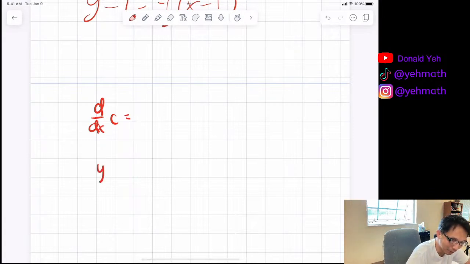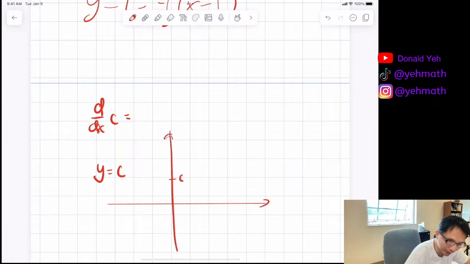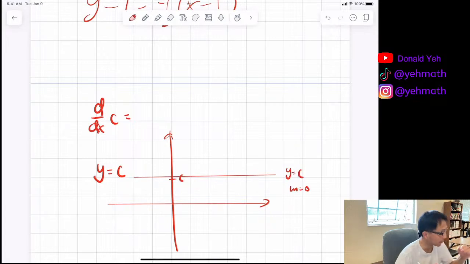So it's y equal to c, and this is going to be a value of c, and it's a horizontal line. The slope of y equal to c, the m, is equal to 0 because it's horizontal. So that's why the derivative of any constant value is going to be 0.